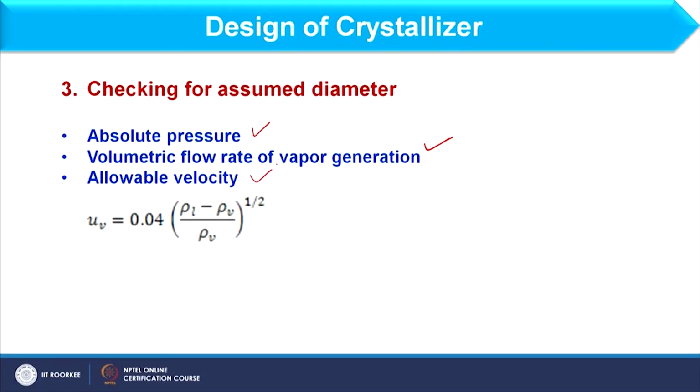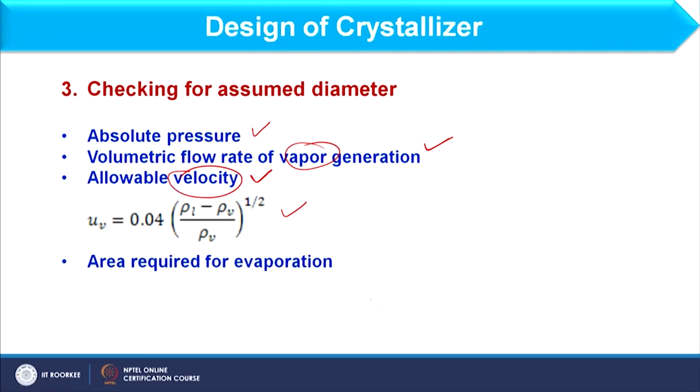Okay. Once we decide the volumetric rate, we can find out the allowable velocity through this expression, and since volumetric flow is given and velocity is given, we can simply find out the cross sectional area of the evaporation section, and that is basically the area of the crystallization section also, and so we can find out the diameter of the evaporation section along with the crystallization body, because crystallization as well as evaporation are both taking place in the same unit, right.